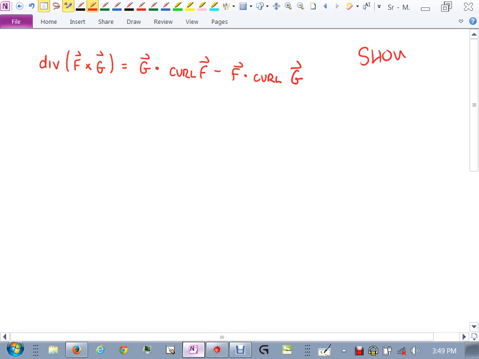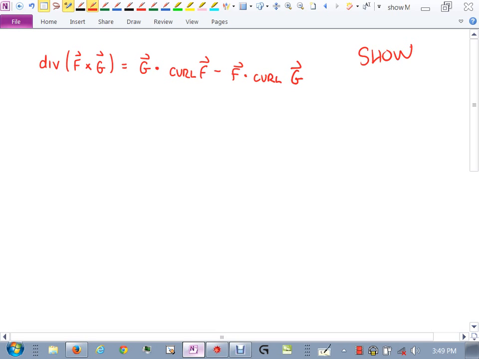Show this. So how do we prove identities, like in pre-calc and things like that? How do you show something is always true? Start with one side and turn it into the other, right?